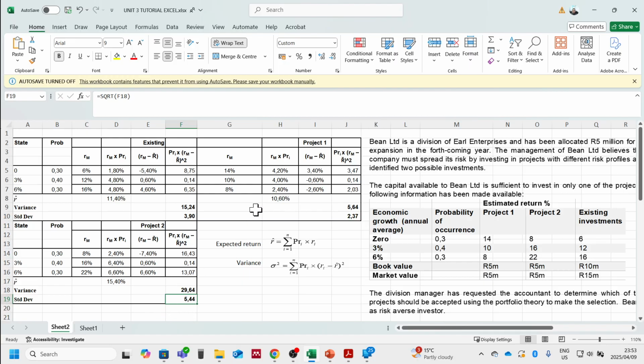So this means that by looking at all of this, we cannot just go and choose, because we do not know what this project will do to our existing one. Will it increase the risk or will it decrease the risk of our portfolio?